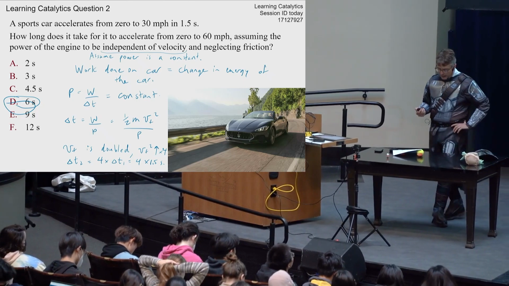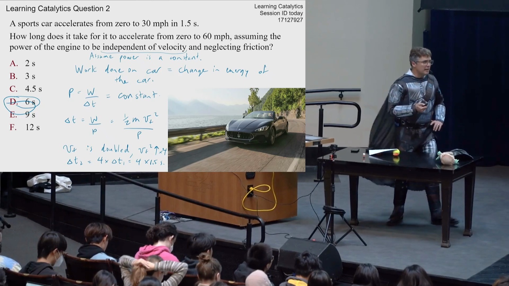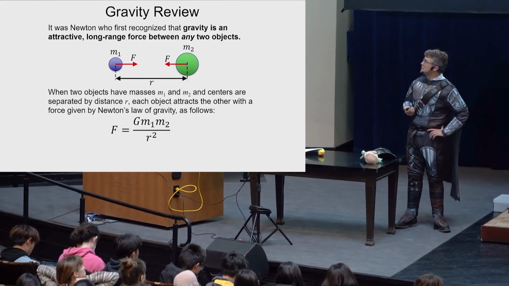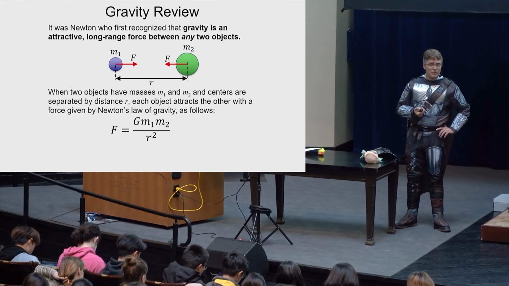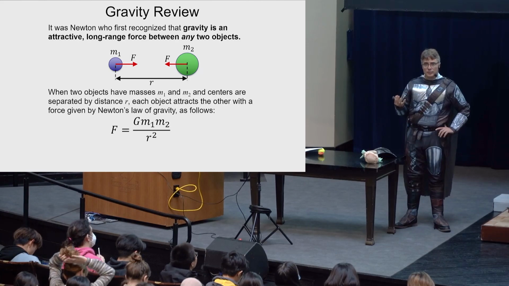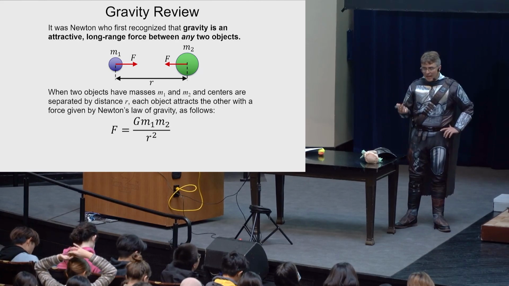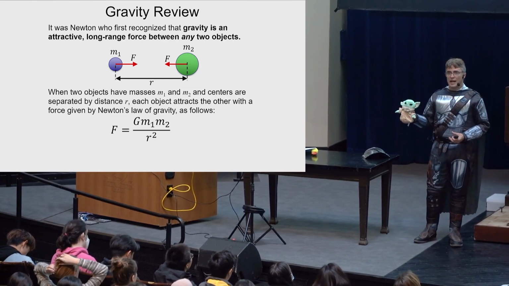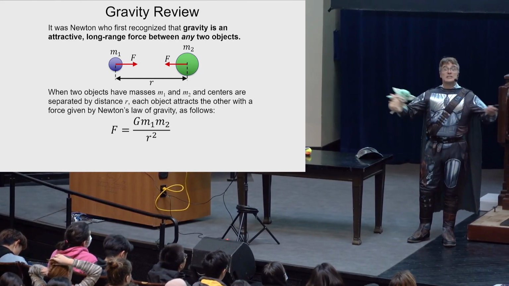So we're going to go back. I think I already mentioned this, that gravity in space looks like GMm over r squared. So gravity is an attractive force between any two masses. It just happens to be that here on Earth, the most important mass that's nearby is the entire Earth itself.